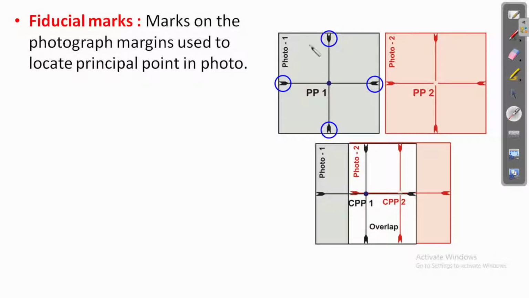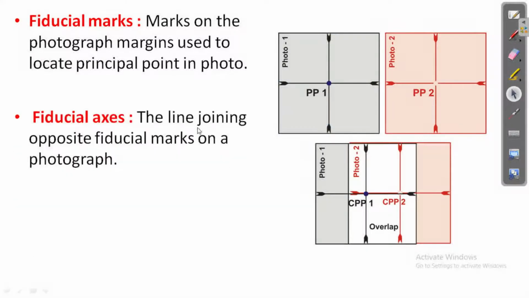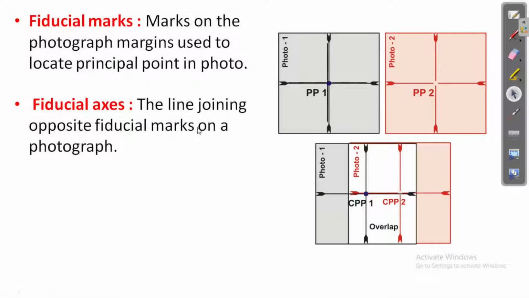fiducial marks. In this figure, photograph number 1 shows 4 fiducial marks, and in this figure photograph number 2 shows 4 fiducial marks. In both photographs, fiducial marks are located on the edges of the photograph. Next term, fiducial axis.